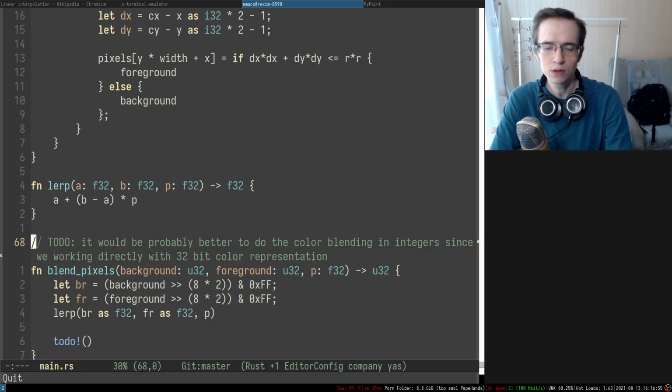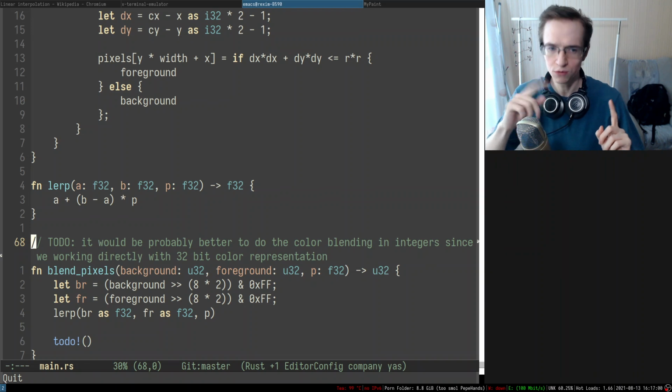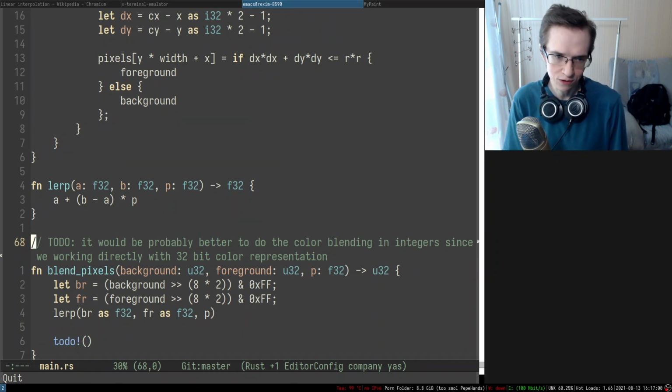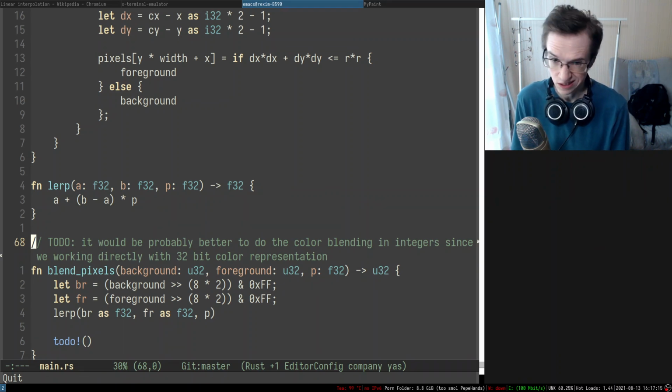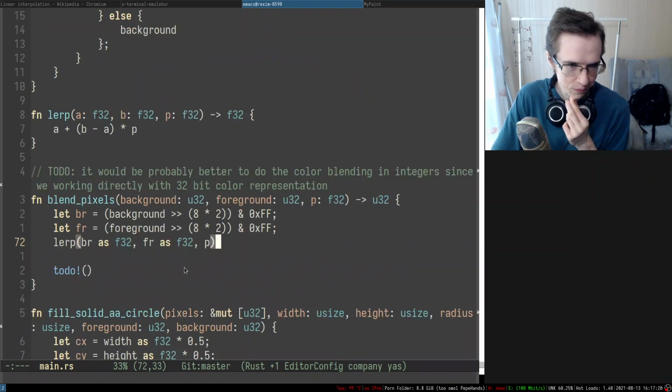Sometimes people represent colors in a normalized space using floating point values from 0 to 1. In that case, it makes all of the computations easy, and before outputting to the screen, they convert to 32-bit color representation. But since we're doing everything in 32-bit color representation, maybe it makes sense to do all of that in integers, without conversion, because you have to constantly convert between integers and floats. But we're not here for the speed anyway.